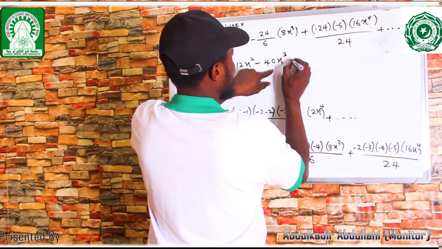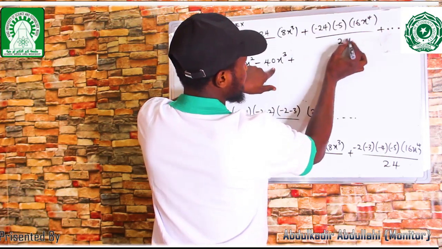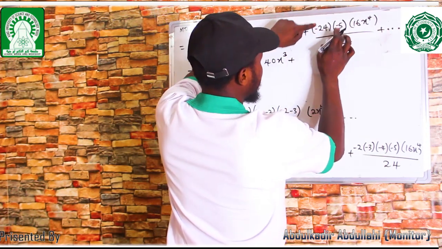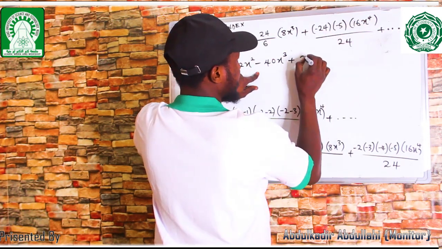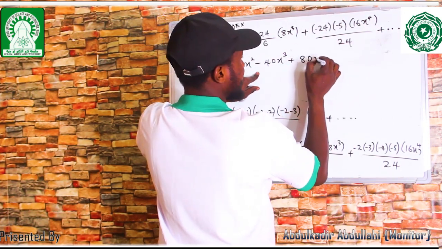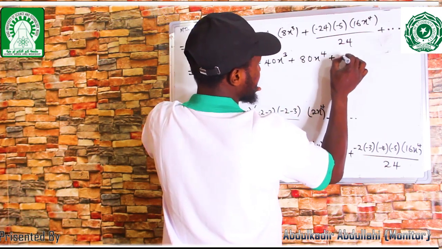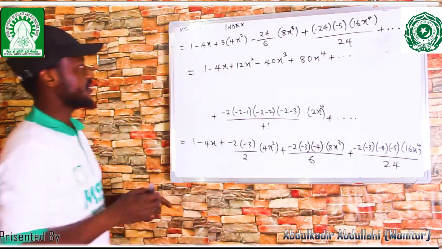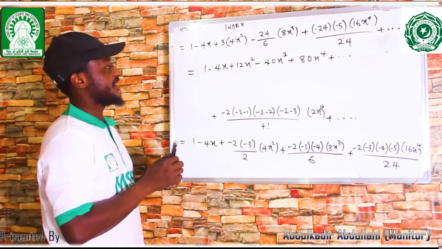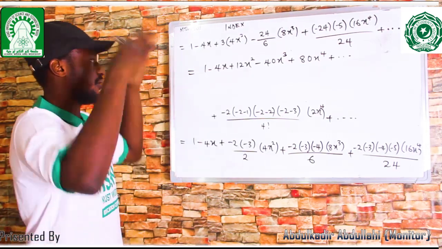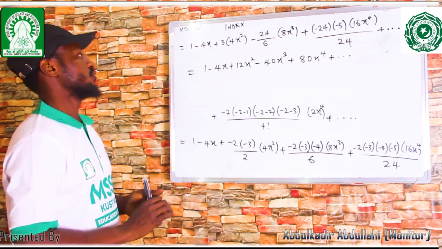This one we are going to have plus 24 cancel 24, minus cancel minus, that is 5 times 16, we are going to have 80, 80x power 4 plus up to the term. So this is the expansion of the question, which says 1 plus 2x all power minus 2.